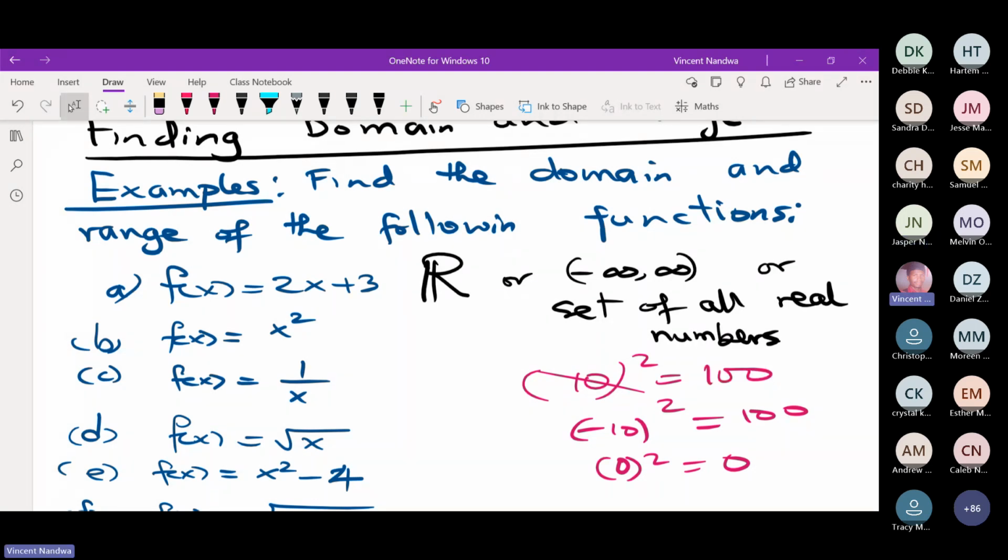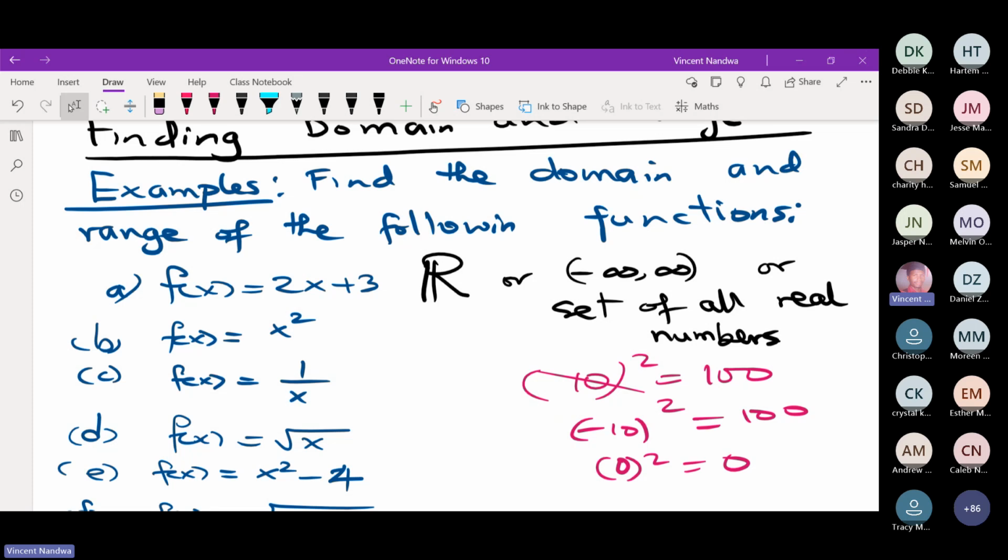So what can we say in general about how the expression x squared is behaving as we take real numbers and square them? How are the values behaving, or what are the trends? You can pick any other negative or positive numbers.